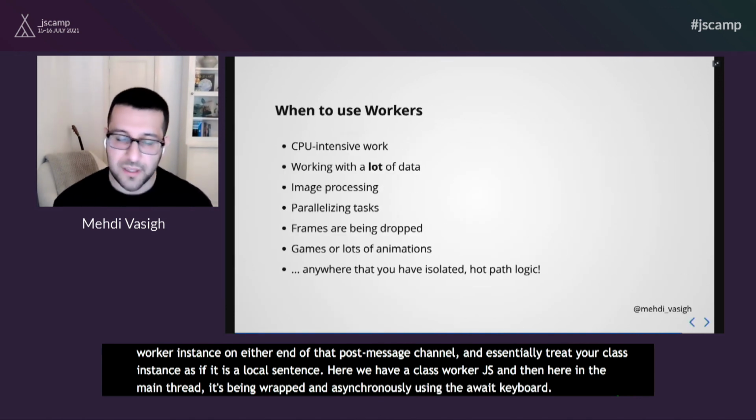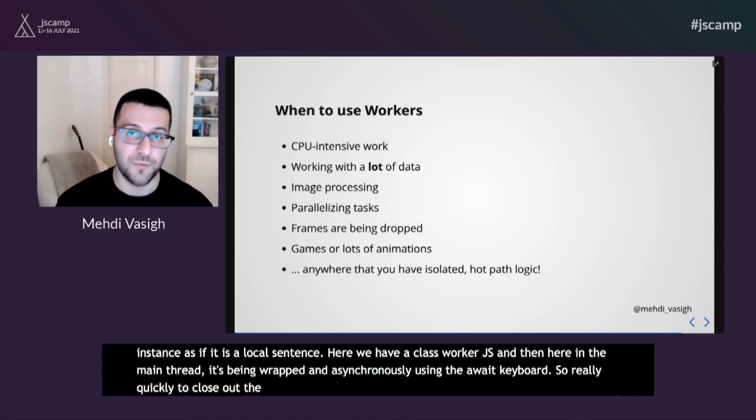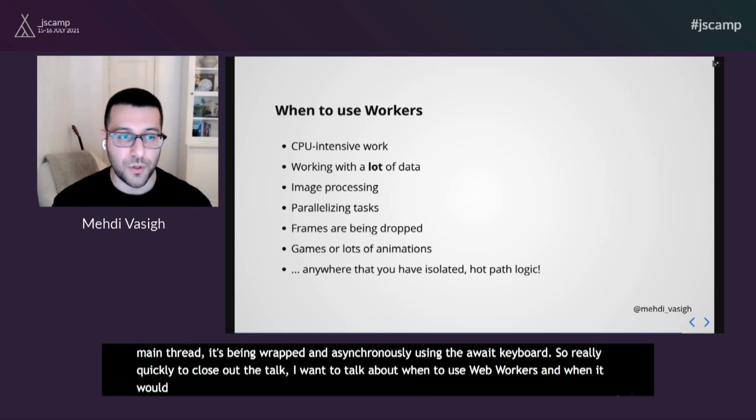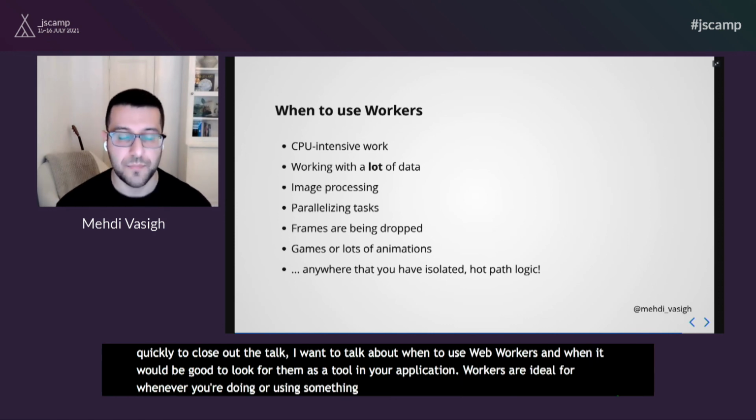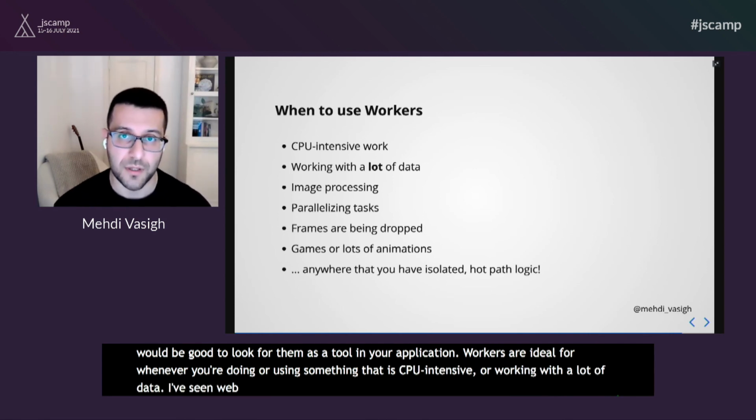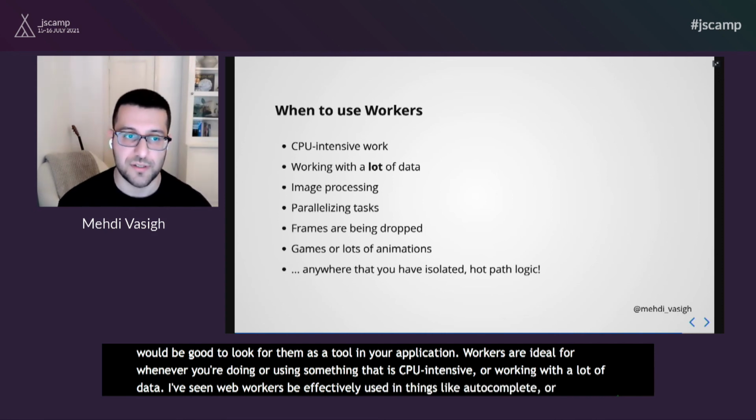So really quickly, to close out the talk, I want to talk about when to use web workers and when it would be good to look for them as a tool in your application. Workers are really ideal whenever you're doing something very CPU intensive, or when you're working with a lot of data. I've seen web workers be effectively used in things like autocomplete or combo box inputs, when you're filtering a lot of data and trying to produce some suggestions to the user.